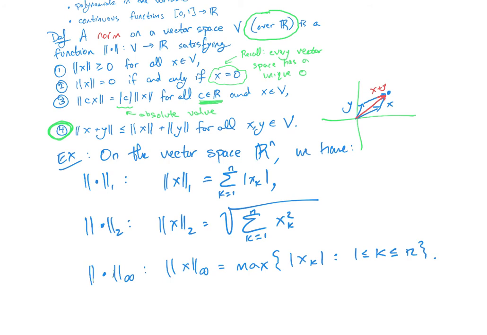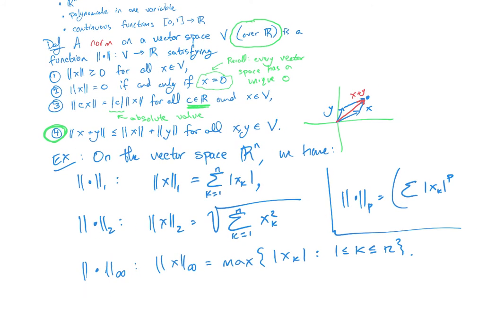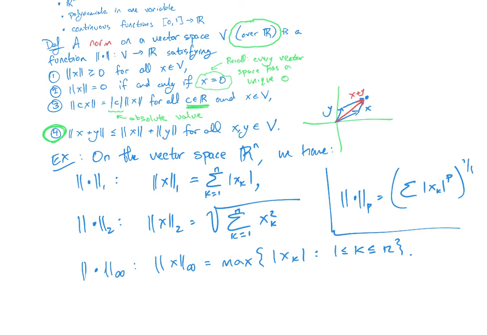We could define the p norm actually. And then you'd see that the 1 and the 2 norm are special cases of the p norm.